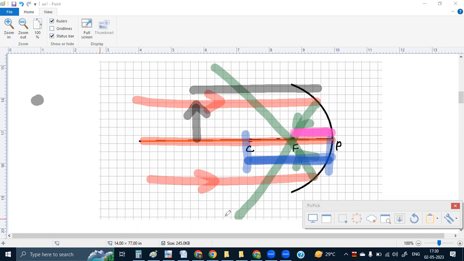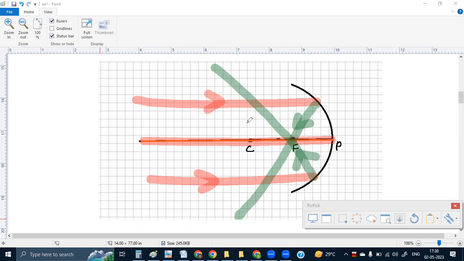Next is where the object is placed at the center of curvature. First position is at infinity. Second position is beyond the center of curvature. The third position is at the center of curvature.